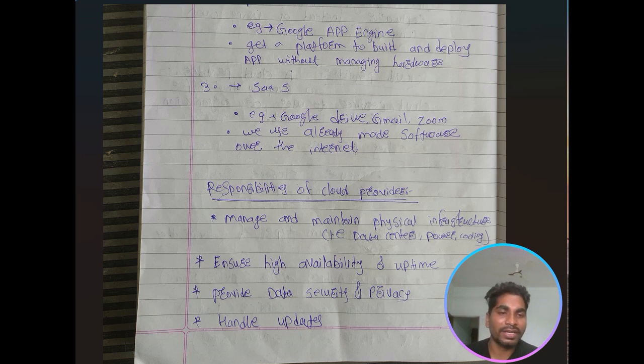The third point is to provide data security and privacy. If we are uploading our data to the cloud, the cloud provider also protects our data. That means no one else can access our data. Next is to handle updates. If any update or change is needed in the infrastructure, they must handle it.